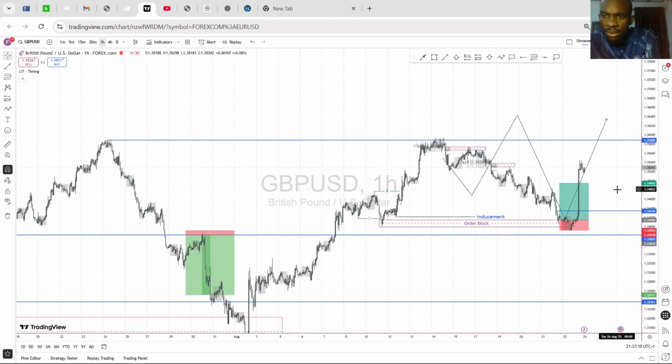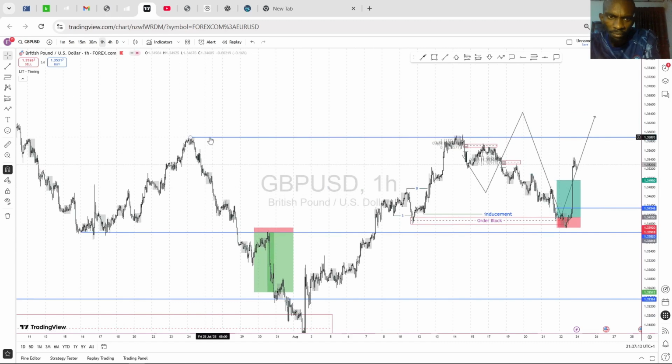The main reason it failed is that when the market moved up to this point, it took out this place as a liquidity. Having taken this out, it needed another, major liquidity to take out before continuing the trend.